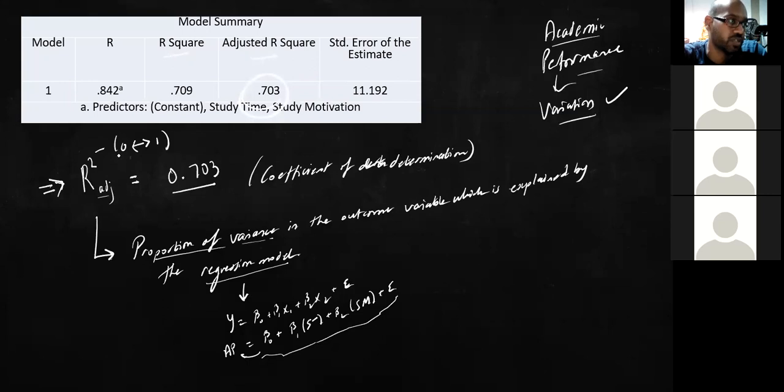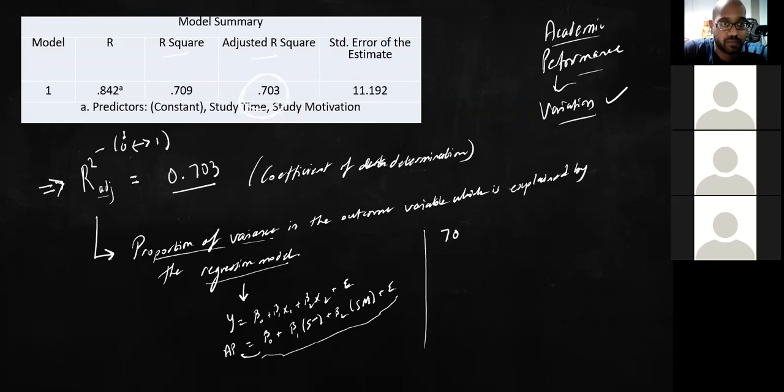If we had an R-square value of 0, it would have meant that our model was useless. It's not explaining any variance. We might do away with the model. The variables we have included in the model, in that case, study time and study motivation, do not allow us to explain any variance that we observe in academic performance. So it's useless. Fortunately, it's not 0. In fact, when you look at it, it's actually quite high, 0.7. It's closer to 1.